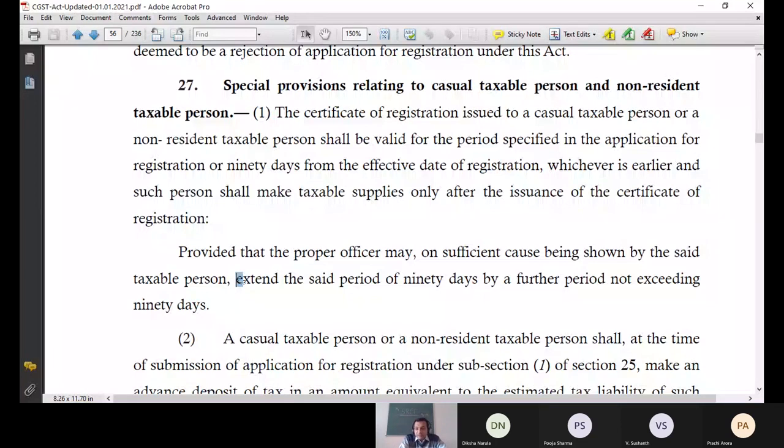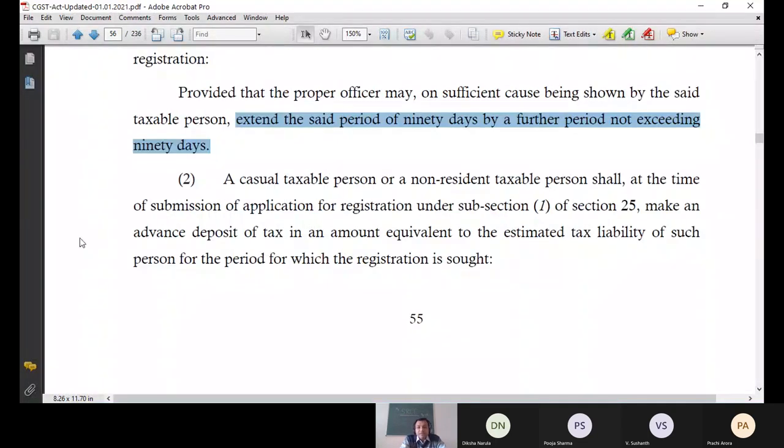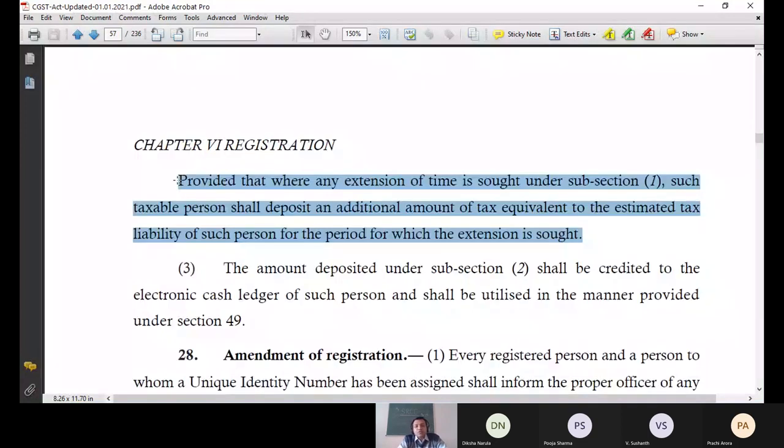Similarly, advance tax is also written here, that I should make advance tax payment equal to the estimated GST liability. And another point is also saying, in case you want extension in this certificate, then you have to additionally deposit the advance tax for the extended validity.